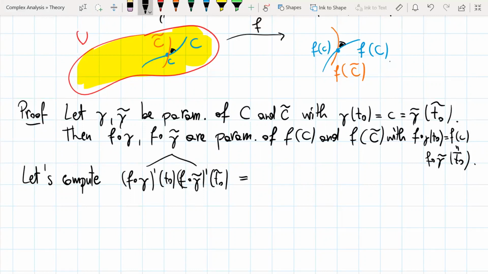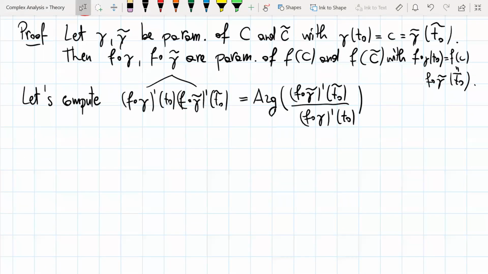So now by the lemma, this is the argument of the quotient between f of gamma tilde prime at T0 tilde and f of gamma prime at T0.